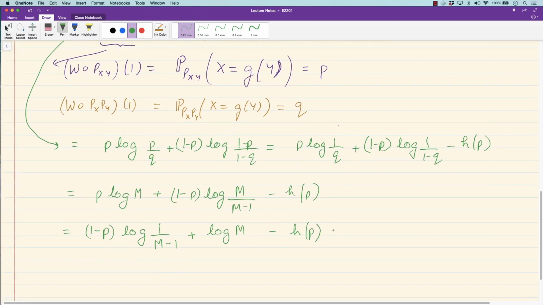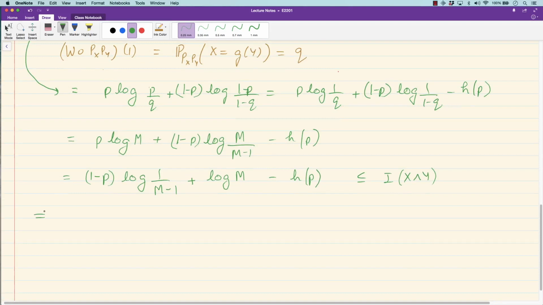Okay, and this whole thing is less than equal to mutual information. That's what we have seen. So this implies that 1 minus p is greater than equal to, did I miss something? So what I did here was 1 minus p, that's log m minus 1 minus p log m.